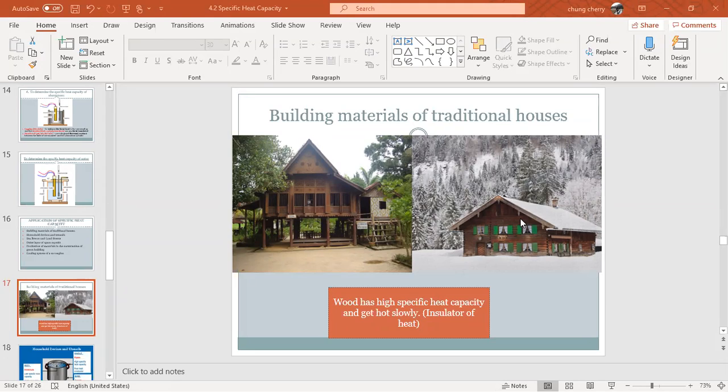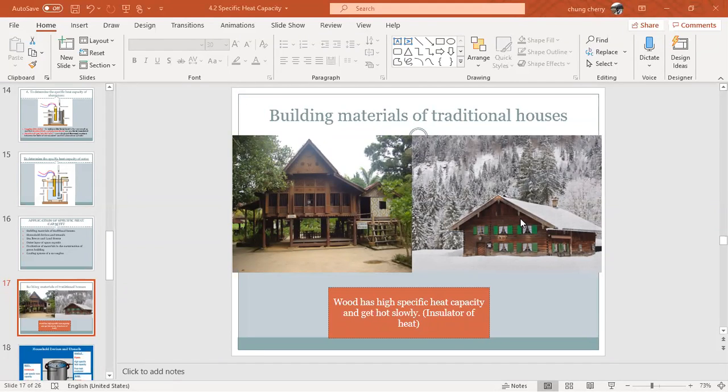Okay, so next is about the cooking utensils and pots, household devices and cooking utensils. What you can see over here is our pot and our frying pan.